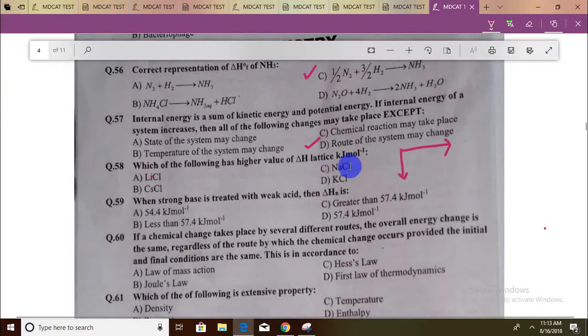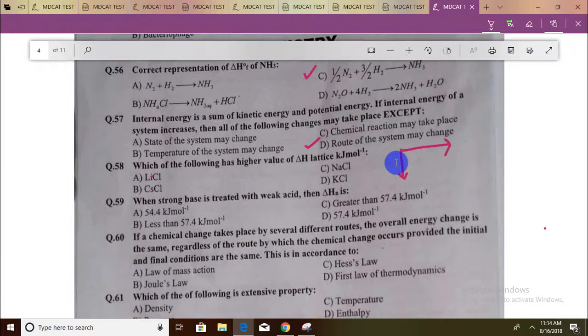And then we compare NaCl and KCl, and I believe sodium is the second element in group 1, and potassium is the third element.